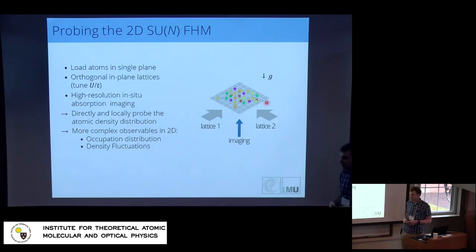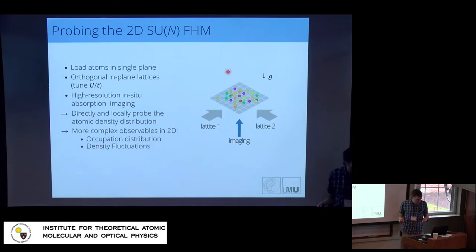And what we have now recently done is that we have upgraded the system to do full 2D loading. So what we do for these experiments is we simply prepare a single plane of atoms and then add an orthogonal in-plane lattice. So the scenario is something like this. We have a regular, normal Fermi-Hubbard model with the square lattice, and then we image through that plane, orthogonal to that plane.